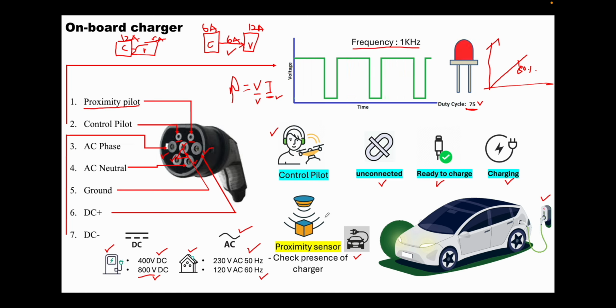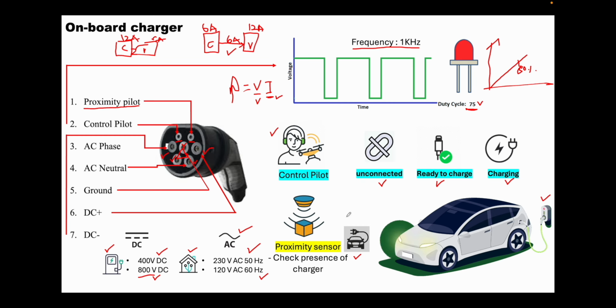Along with that, coming to the proximity sensor, there is one more functionality present for it. This helps in detaching the electric vehicle from the charging station safely. That mechanism also we will see in the next tutorial.